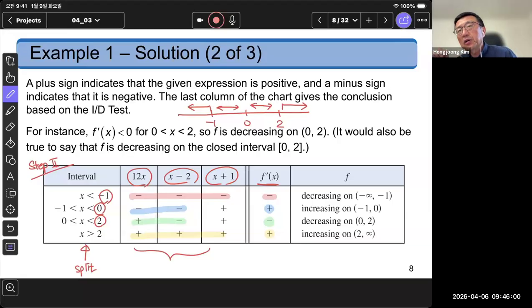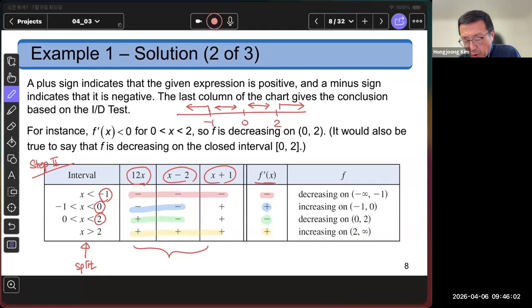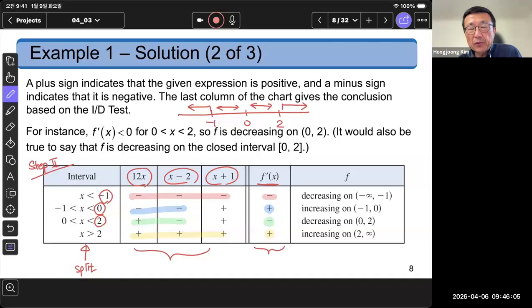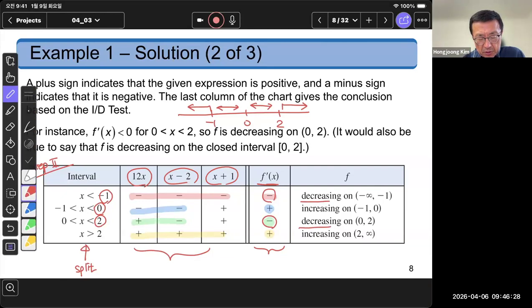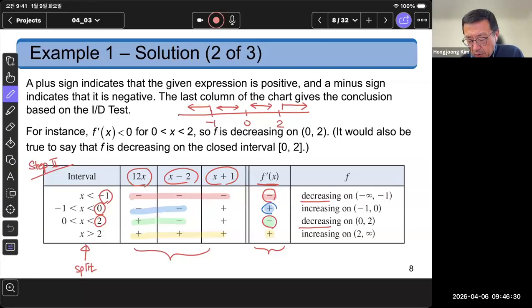And then you multiply those signs to determine the sign of f prime of x. And then we get the meaning. You interpret the meaning of plus or minus. When you have a minus sign, your function is decreasing. If your sign is positive, the function will be increasing.